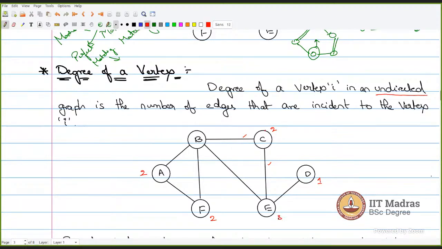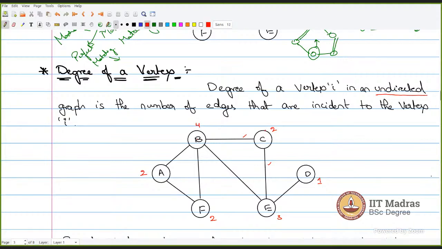E is 3. B? B also 3. No, 4, sir. 4. Correct. So if this is an undirected graph, you just have to count the number of edges that are actually connected to that particular vertex. Whatever the graph may be, this is how you find the degree of each vertex.